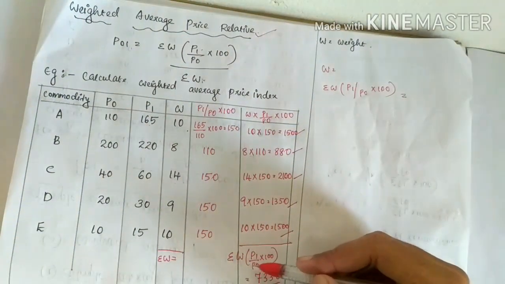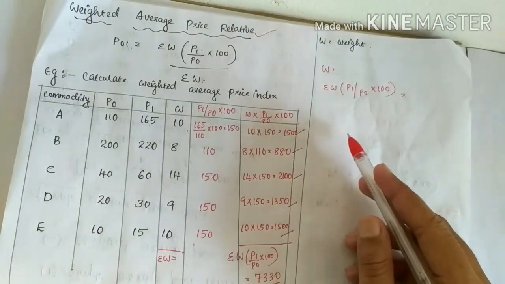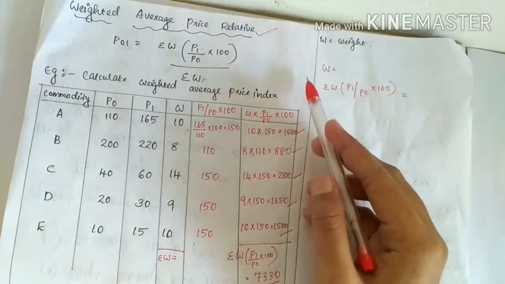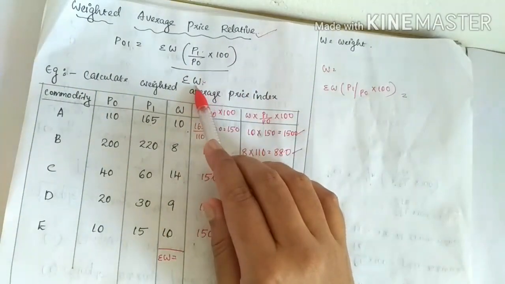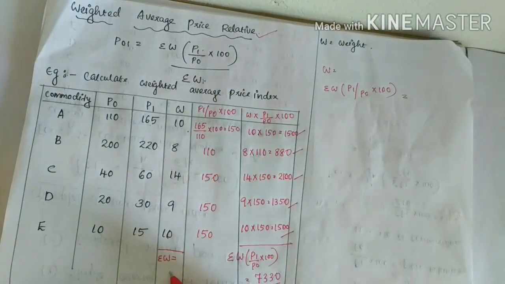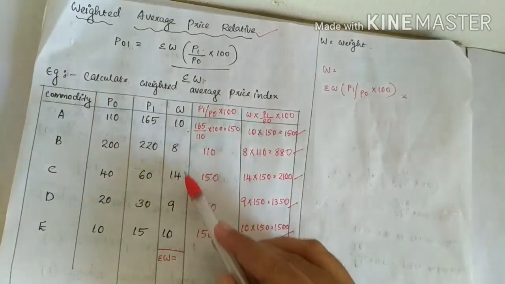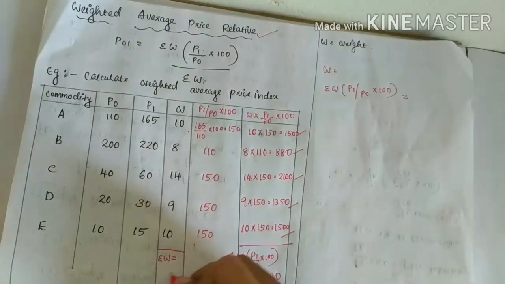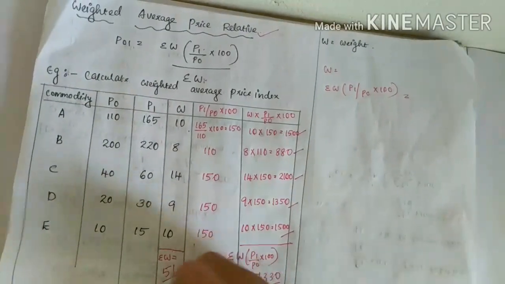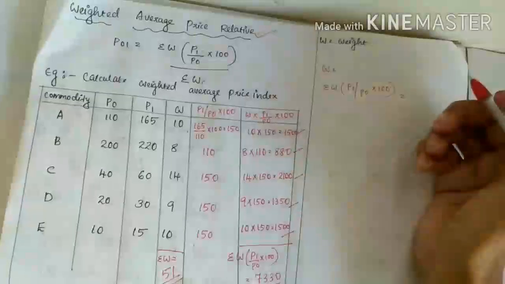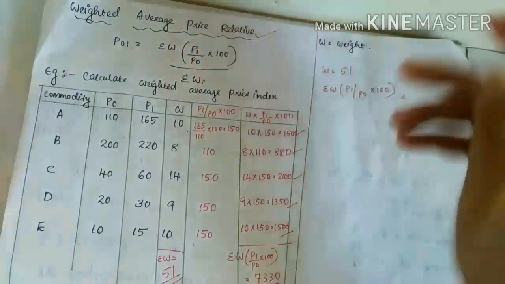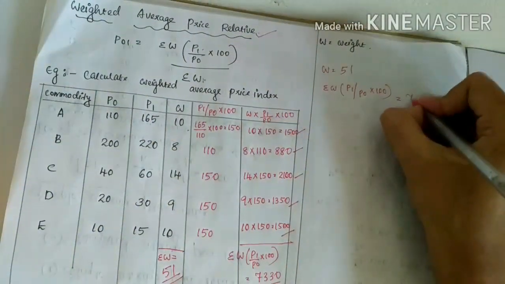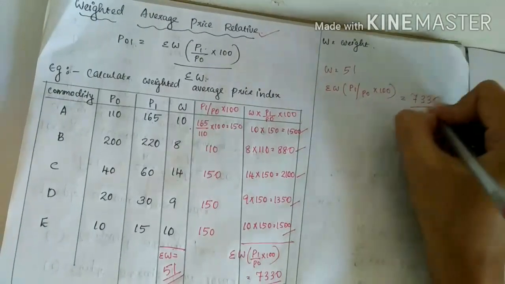After finding the sigma weight into P1 divided by P0 into 100, we have to apply the equation. First we have to calculate sigma weight. Sigma weight is the total of the weight column, that is 10 plus 8 plus 14 plus 9 plus 10. The sigma weight is equal to 51. So this column is 51. Then sigma weight into P1 divided by P0 into 100 is 7330.